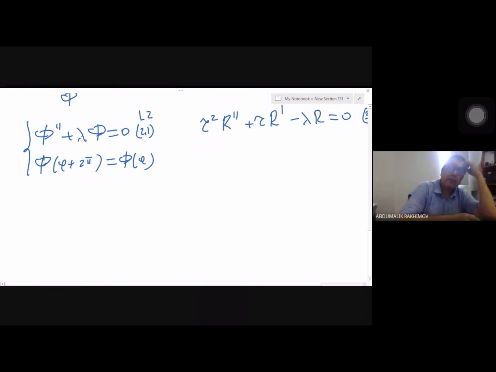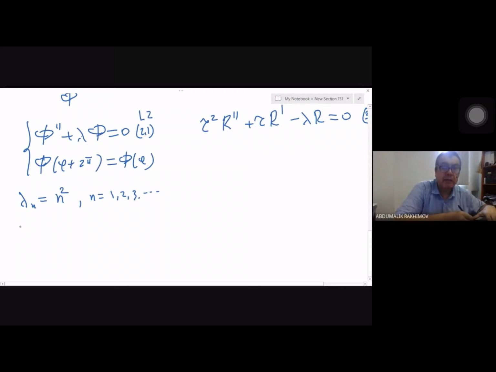If lambda is 0, then equation 2.1 has a constant solution, so it is periodic. So you have many functions. Let me say lambda n is equal to n squared, n is 1, 2, 3, etc. So phi n will be like this.